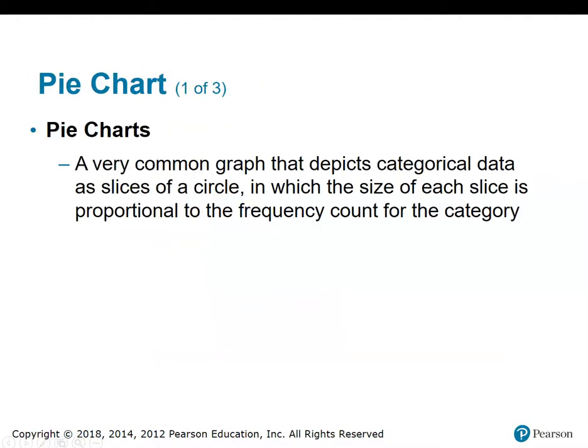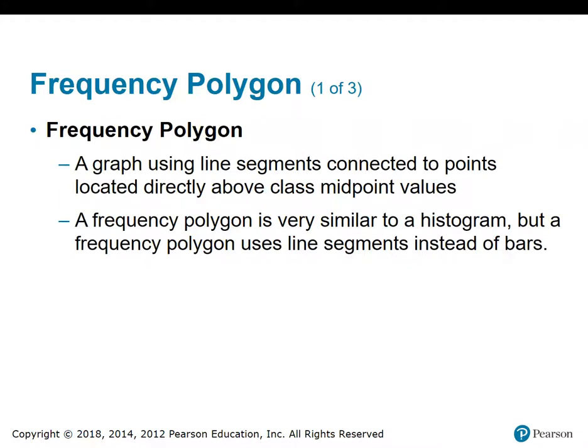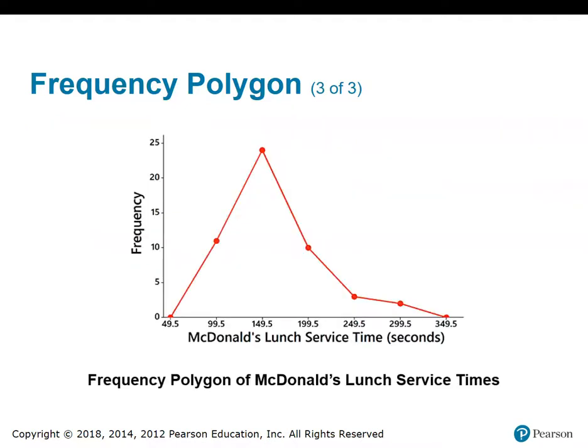Pie charts. It's the same data in a pie chart. Frequency polygons, we may or may not hit in this curriculum. It's like a histogram. We use it for quantitative data. Looks like this, and you use the midpoint of the data to plot your dot, and then you do actually connect.